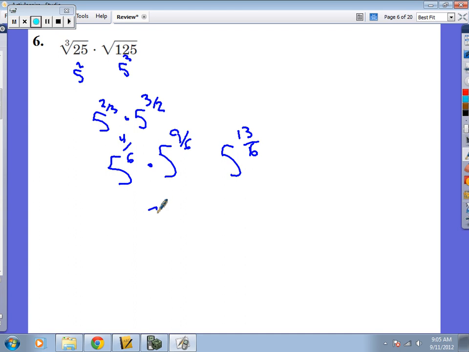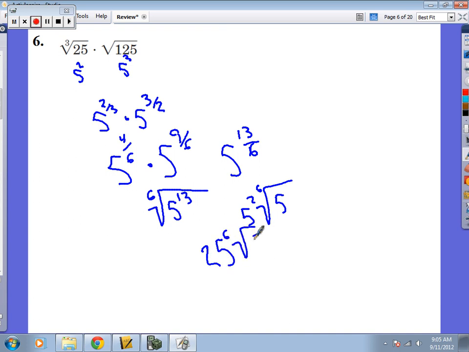And then when you convert it back into a radical, it's the 6th root of 5 to the 13th. And so you have two groups of 6 you can take out, so it comes out to 5 squared on the outside of the 6th root of 5, and that's just 25 times the 6th root of 5.